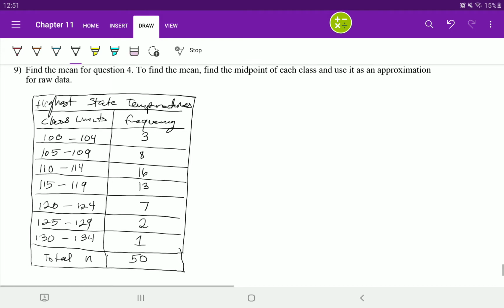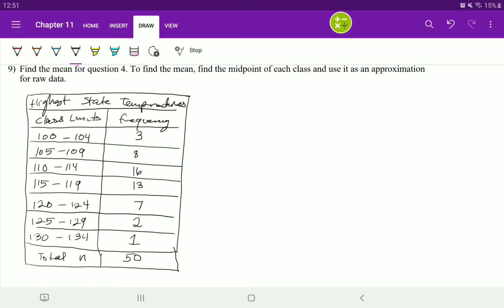So, to find the mean of a grouped frequency distribution, we're going to need to find the midpoint. I'm going to create another column, and we're going to call that column midpoint. And we're going to symbolize the midpoint as x of m.